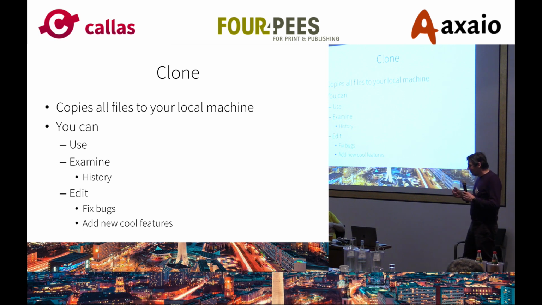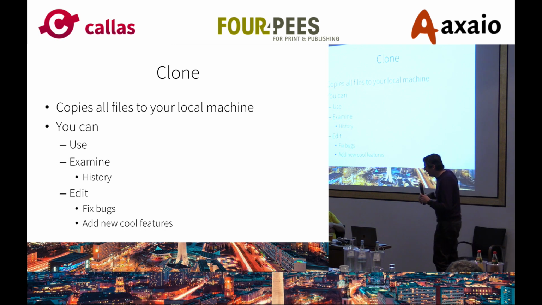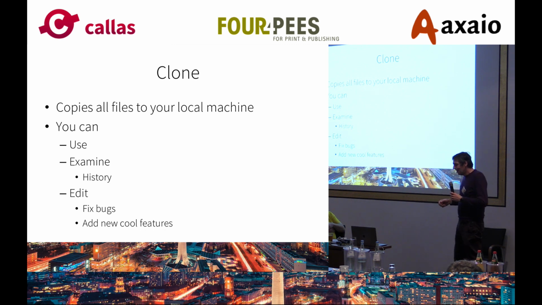And Git will also clone the whole history of all the files. So you have the whole repository on your disk, including the whole history. So that's the other advantage of Git. It's a very fast system because it just maintains. I will not go into details how it does that, but it's very fast to create all these different points in history and allow for switching between these different points.